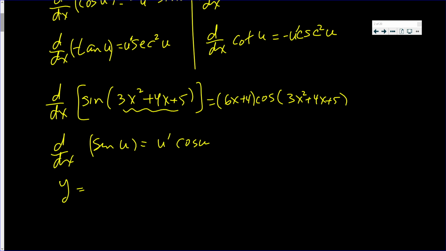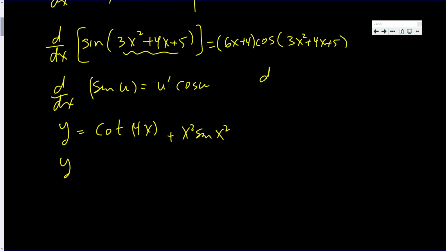If you were given that y is equal to cotangent of 4x plus x squared sine x squared, and you're asked to find y prime, well, remember the derivative of cotangent of any angle is negative the cosecant squared of the angle times the derivative of the angle.